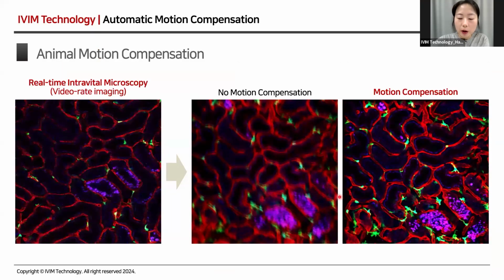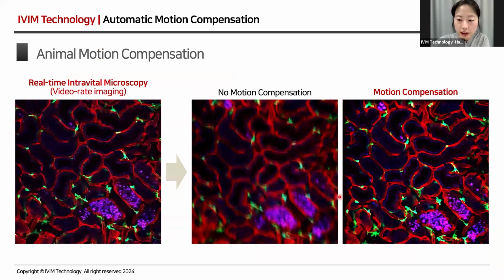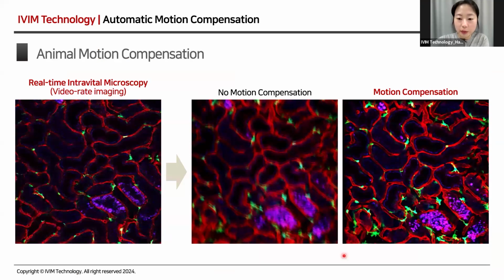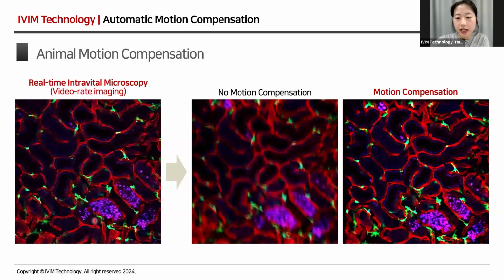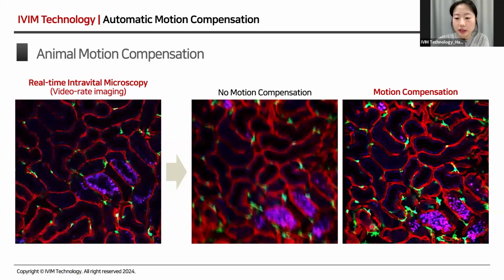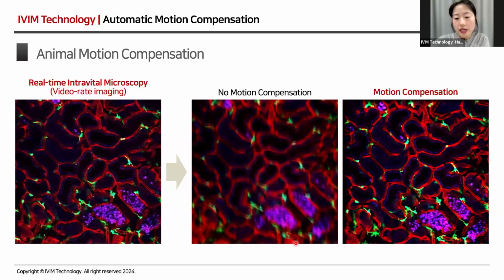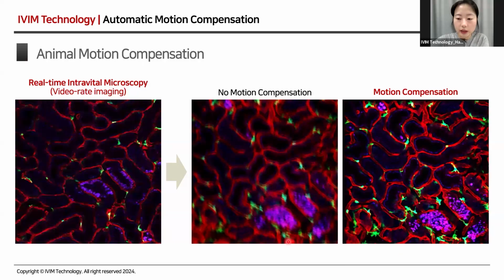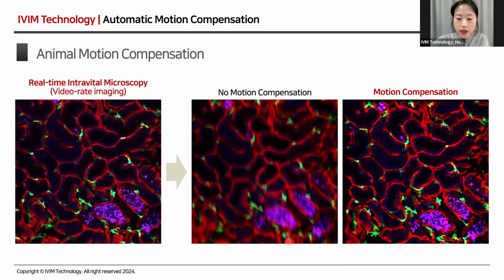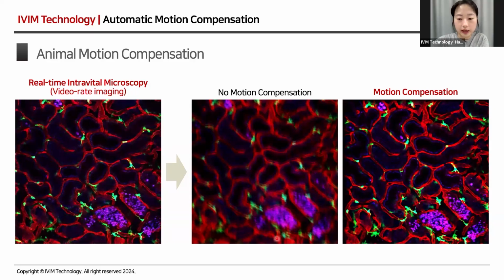Okay, one of our powerful key features, the motion compensation, I'd like to address more. This is an in vivo real-time video of a kidney. In this side-by-side comparison, the raw imaging data has a high degree of movement. Without motion compensation, only this blurred image can be obtained due to motion artifacts, which highly disturbs the quantitative cellular analysis of the data.